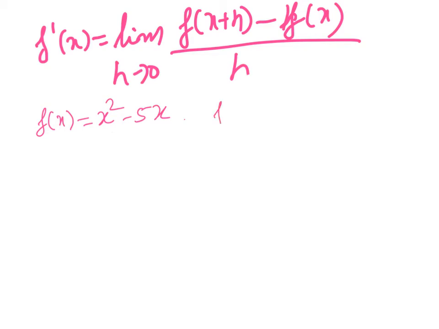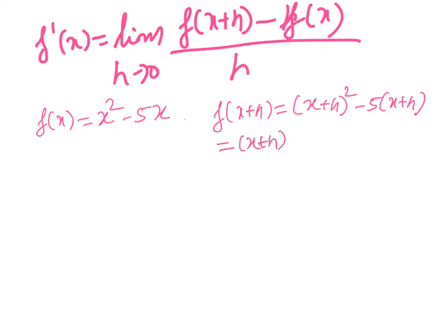Then f(x + h) is equal to (x + h) the whole squared minus 5 times (x + h). Now here I expand (x + h) the whole square using the FOIL method, and if you want, you can write (x + h) times (x + h) minus 5x minus 5h.